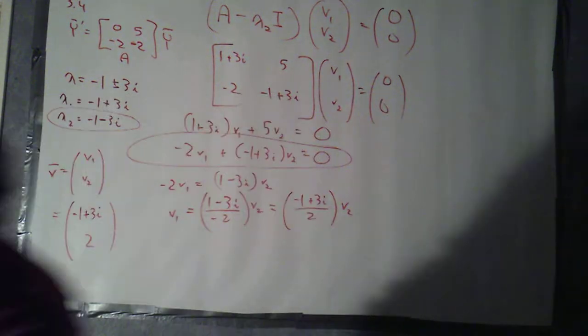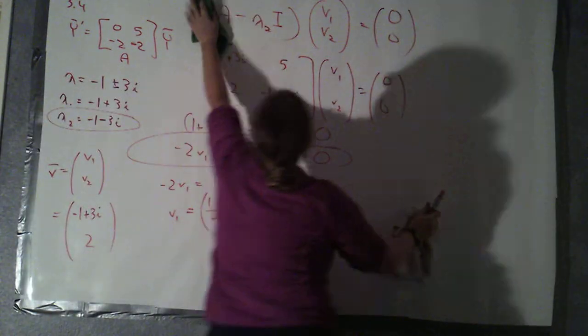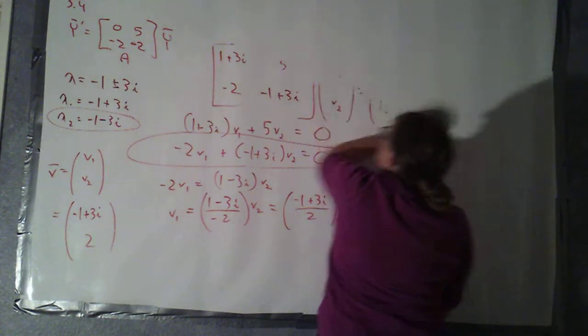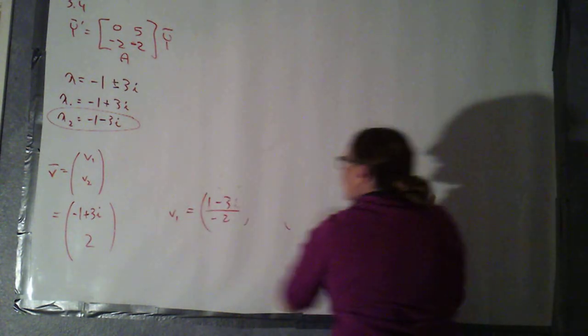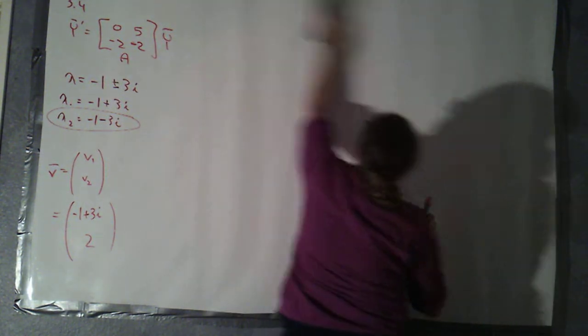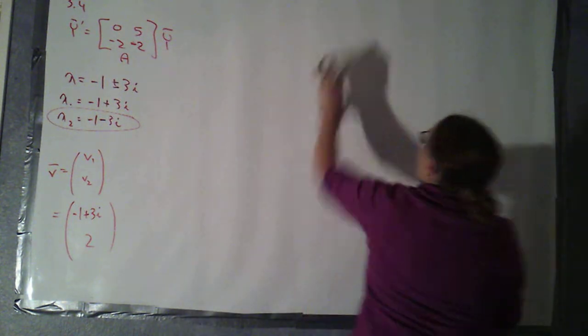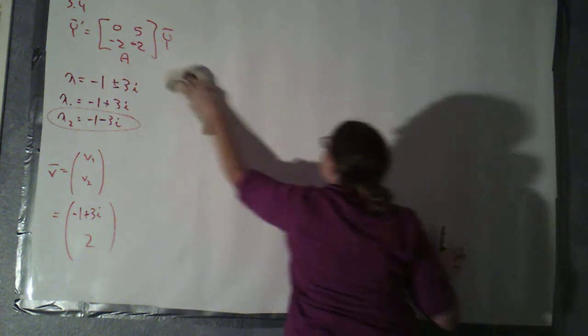All right, so now, while I'm erasing the board, I will remind you that we can build a solution by taking e to our eigenvalue times t, and then multiplying by our eigenvector.